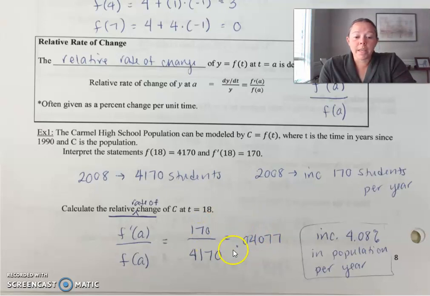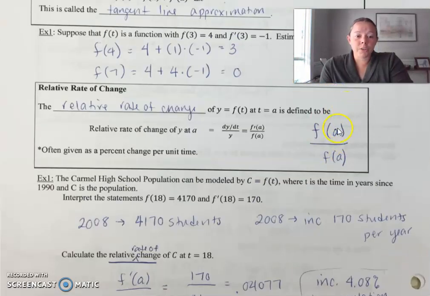So once you get that decimal, same as in chapter 1, we move the decimal over 2 spots. So we say increasing 4.08%, but here's what's different: in population per year. In chapter 1, we would have just said increasing 4.08% and been done. Okay, so derivative over function value, that's the relative rate of change.